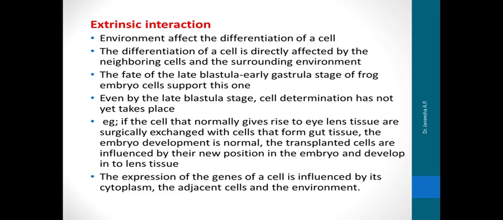So what we are assuming is that once the cells are interchanged, that is, a small group of gut tissue is removed and placed in the eye lens region, and a small group of eye lens tissue is removed and placed in the gut region, what are we expecting? We are expecting an abnormal larva, but the result is that it developed into a normal one.